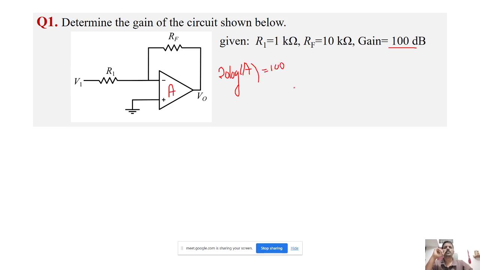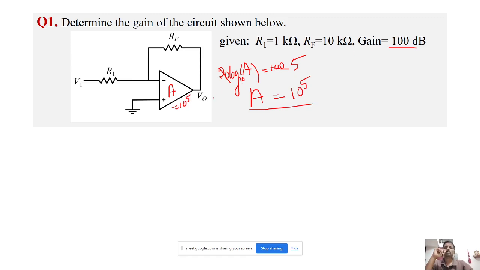That's what is given here. 100 by 20 is 5, so since the base of log is 10, A will be equal to 10 power 5. So the gain of this amplifier is actually 10 power 5.